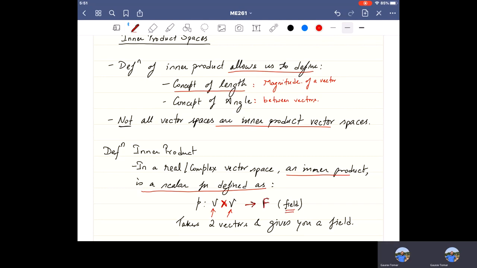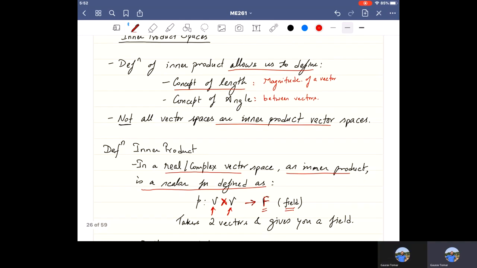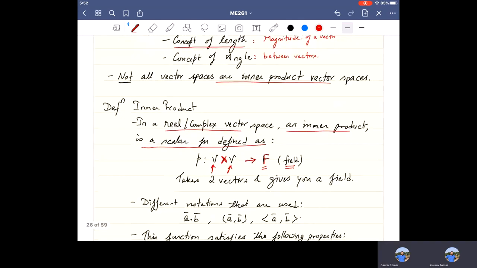Of course, you can generalize this concept further beyond the real and complex vector spaces, but the idea is that you take two vectors and you end up getting an element of the field that you had used to define the vector space. There are different notations that people use.